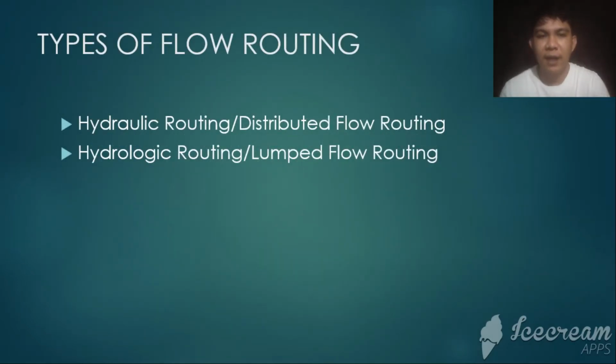Next we have the types of flow routing. As I've said earlier, there are many routing methods, and those are classified into two categories: the hydraulic routing or the distributed flow routing, and the hydrologic routing or the lumped flow routing.